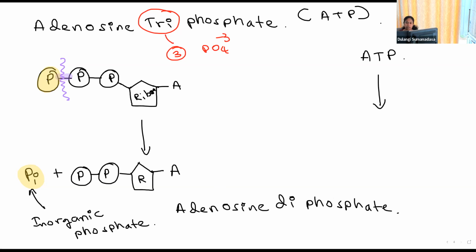So ATP becomes ADP. But don't forget the broken down phosphate. You have to always write down your inorganic phosphate. Right? So I had ATP, I used the ATP, and for my whatever the work. So for my run, I used ATP, and ATP became ADP and inorganic phosphate.